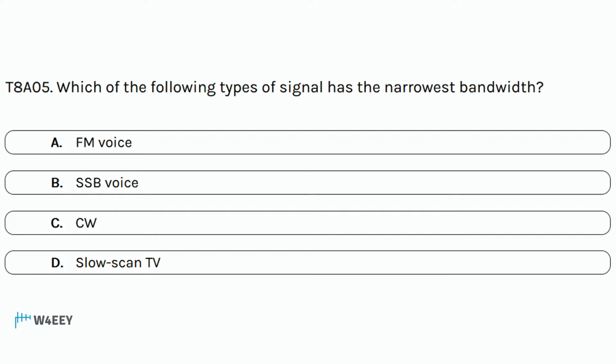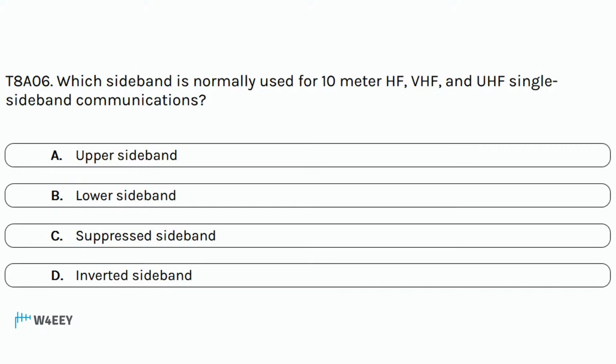Yep, Morse code, the CW signals, about 150 hertz. And which sideband is normally used for 10-meter HF, VHF, and UHF single sideband communications? Remember I said the 9 megahertz was the dividing line, so 10 meters, what frequency is that? Okay, the frequency is 28 megahertz if you look at your color chart. So by convention, we're going to use upper sideband on that.